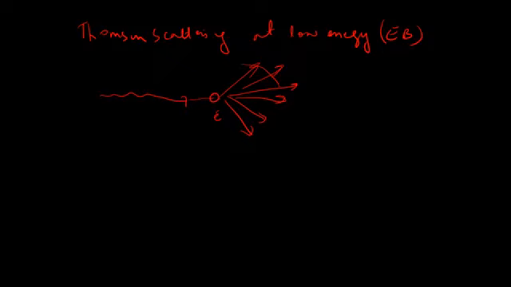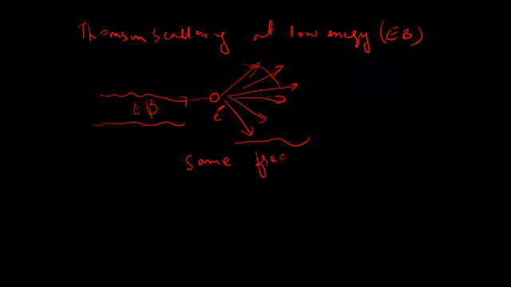When low energy radiations strike the electron, the incident beam and the emitted radiation have the same frequency, or the same energy.